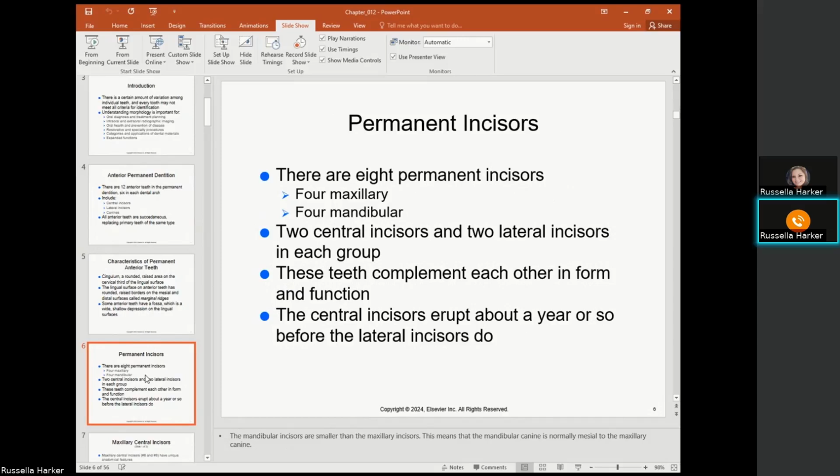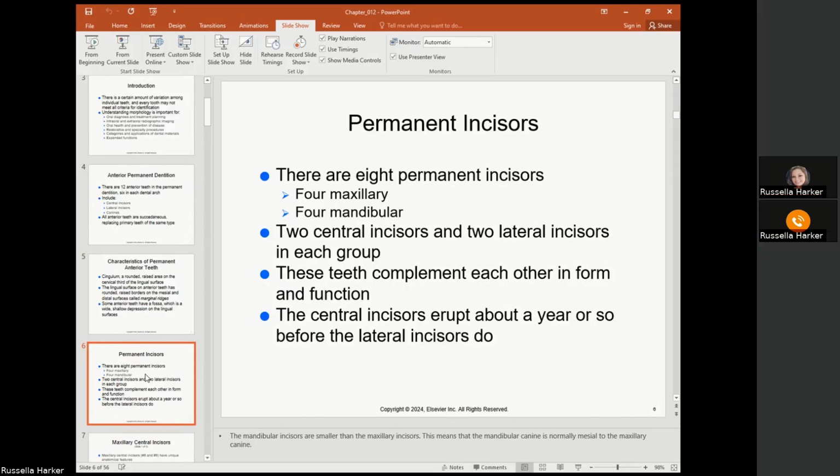So you're going to have 4 maxillary and 4 mandibular incisors. You're going to have 2 central incisors on the top and 2 lateral incisors on the top, 2 central incisors on the bottom, 2 lateral incisors on the bottom. So you're going to have one of each in every quadrant.